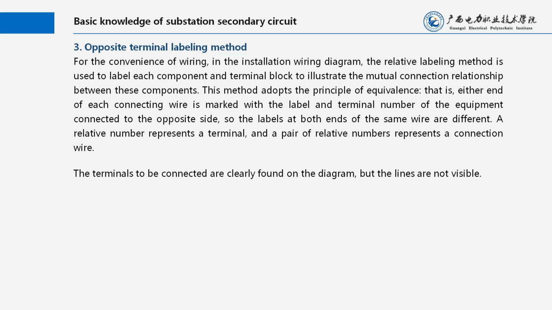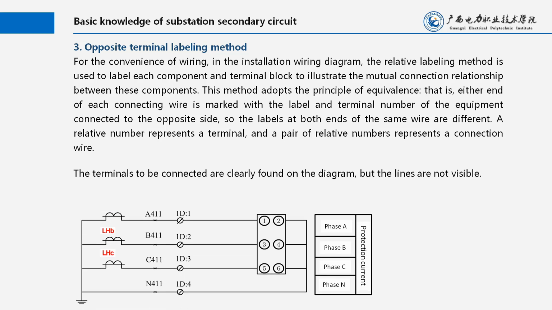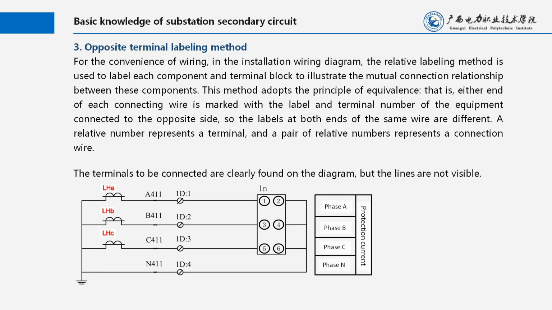This method adopts the principle of equivalence, that is, either end of each connecting wire is marked with the label and terminal number of the equipment connected to the opposite side, so the labels at both ends of the same wire are different. A relative number represents a terminal, and a pair of relative numbers represents a connecting wire. The terminals to be connected are clearly found on the diagram, but the lines are not visible.